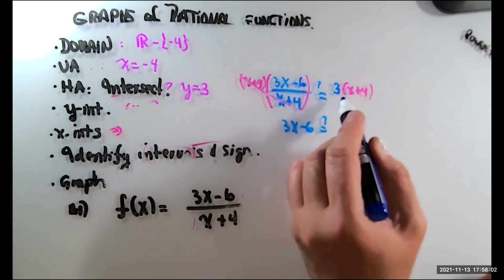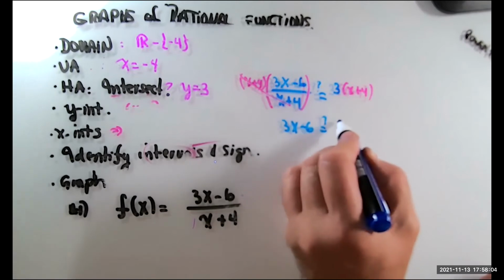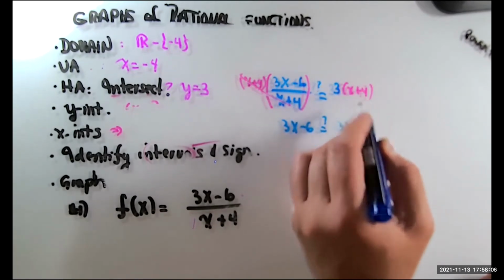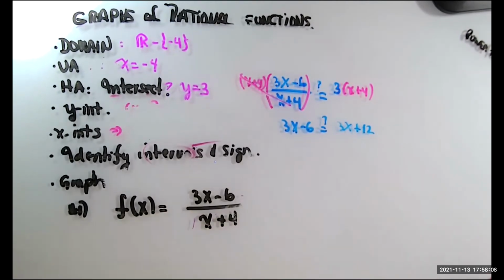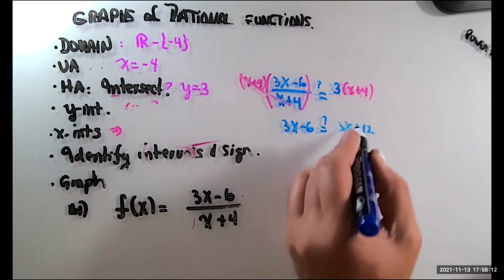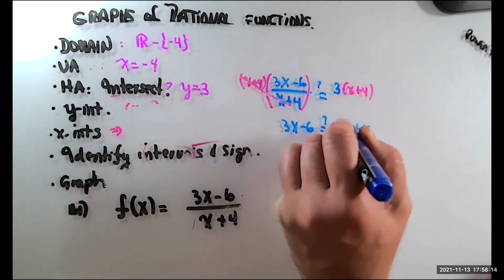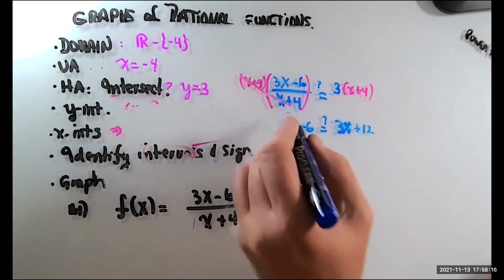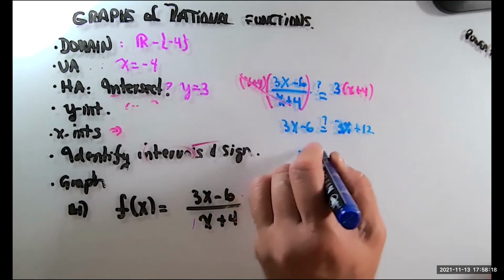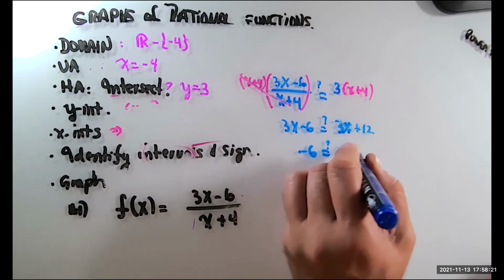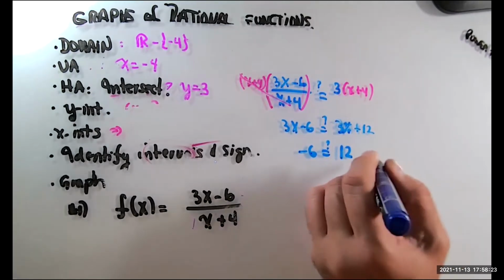Can that ever be equal to 3 times x, 3x, 3 times 4, 12? If I subtract 3x so I have all my x's on the left-hand side, 3x minus 3x is 0. So I end up with negative 6 equals 12, which of course is a fallacy.